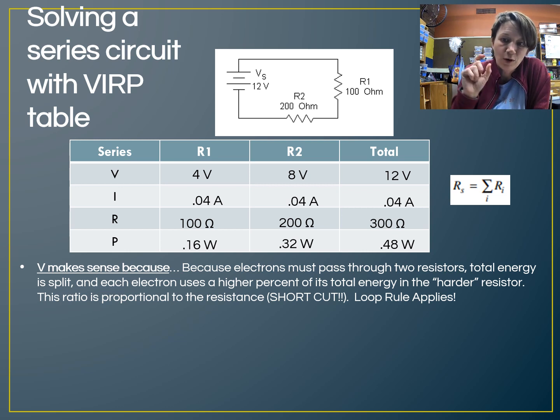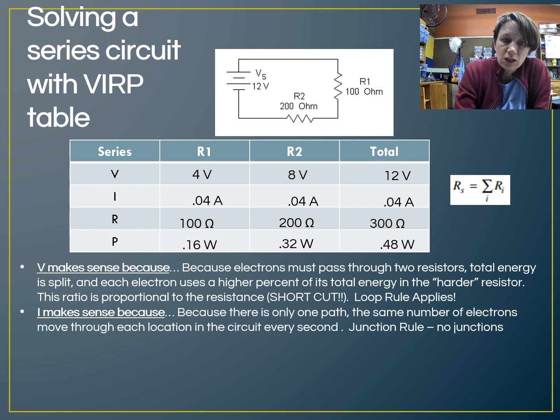And so if you're really quick on your ratios, you actually can solve your voltage out even without using Ohm's law, etc. If you know that the voltage has to be split into 3 parts, and 2 of the parts go to R2 and 1 of the parts goes to R1, that makes solving this really, really fast. So that's kind of a shortcut if you can do it. Look at the I row, and you'll see that all of those I values are the same.